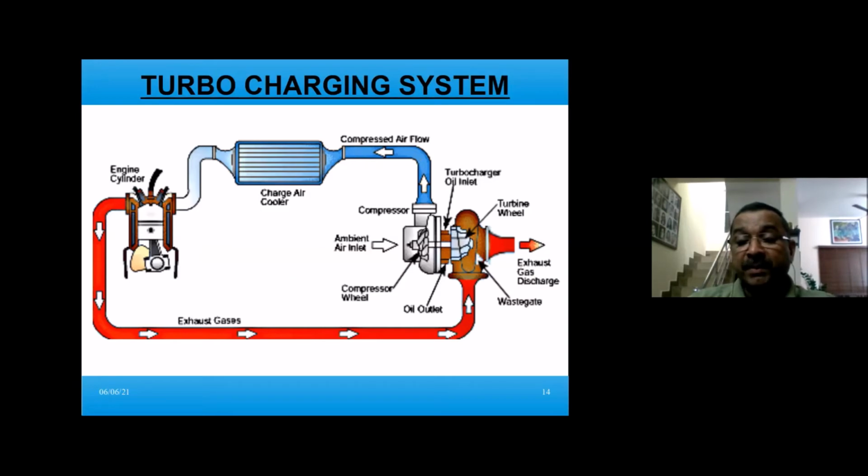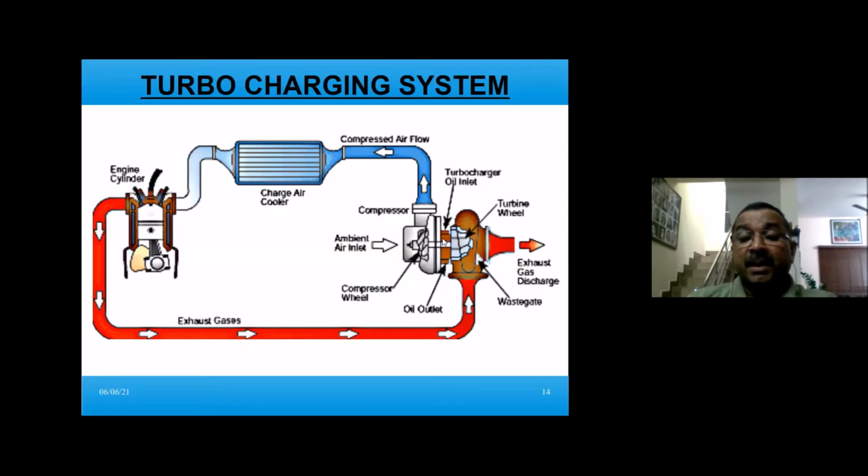The exhaust gas will be coming and meeting the turbocharger turbine wheel very fast. Turbocharger turbine. Okay, so this wheel gets rotated, then the gas will go out into the atmosphere.